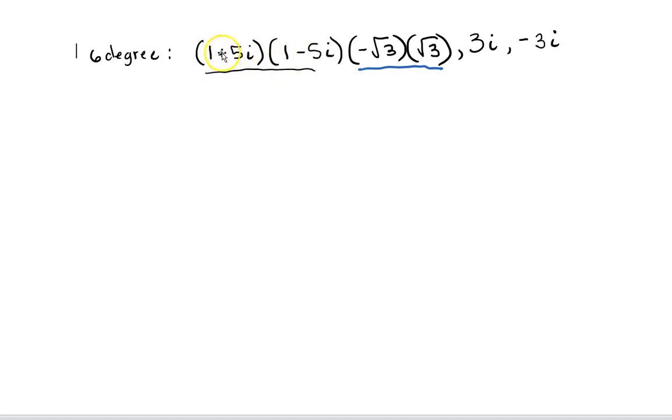If you remember, for a conjugate the first number stays the same, and the second number has the opposite sign. This happens in every single case where you have a factor that is either complex or irrational. Both of those have to be part of the solution.